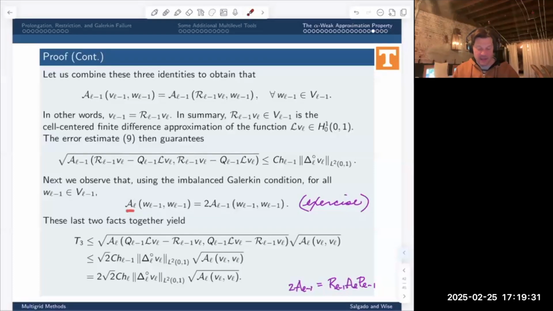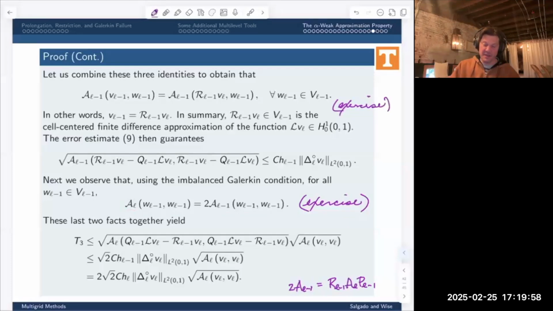So I'm starting out with AL, but I want to switch to AL minus 1. That's going to cost me a factor of square root of 2. That's it. Once I switch to that bilinear form, then I can use this error estimate based on this argument that I had up here. And this argument requires a little bit of patience, okay, to see.